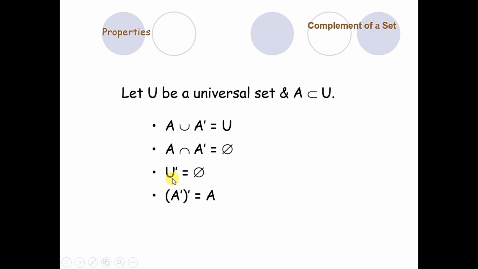Okay, the complement of U is equal to a null set. Now here is the double negation. The complement of the complement of A is equal to A. So this is the elements not in the complement of A, so that is considerably A itself.